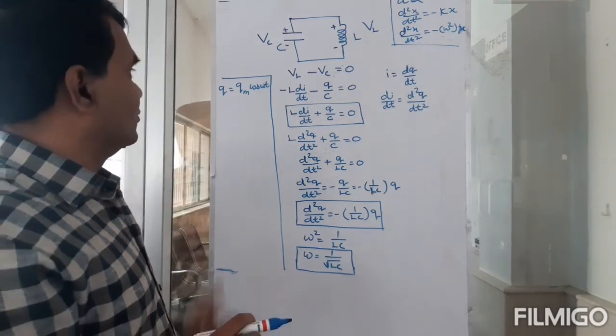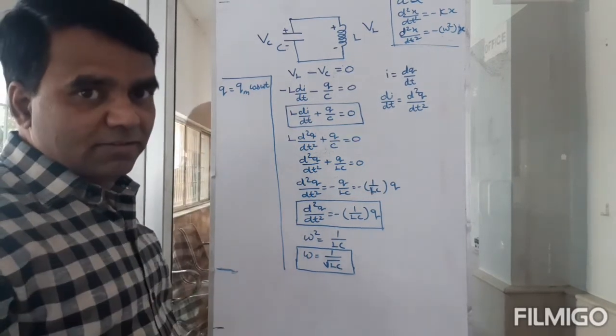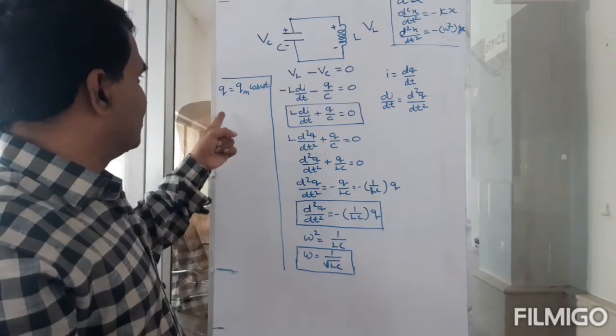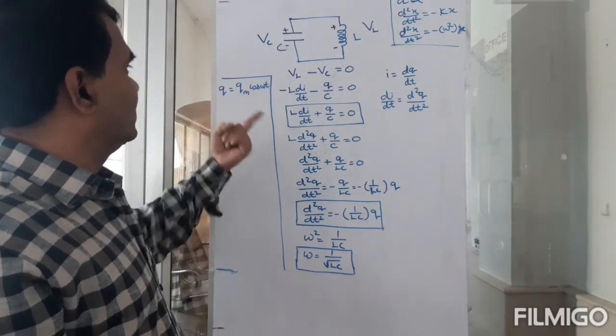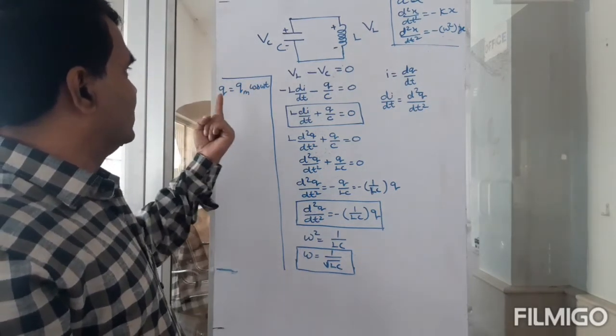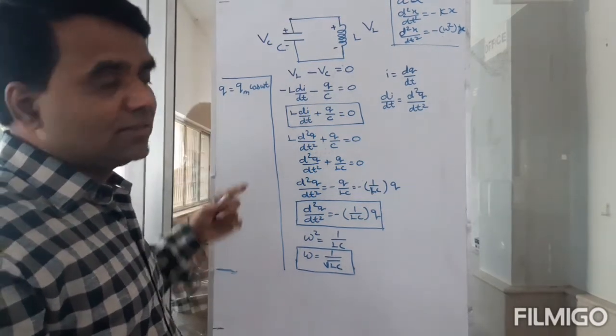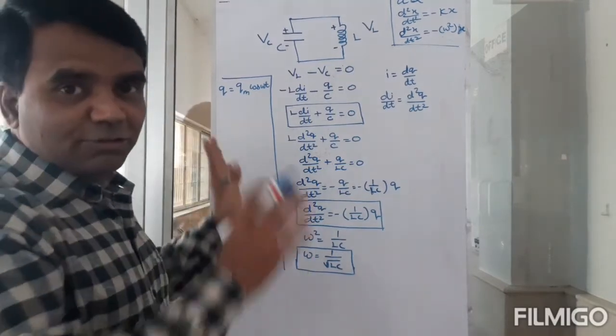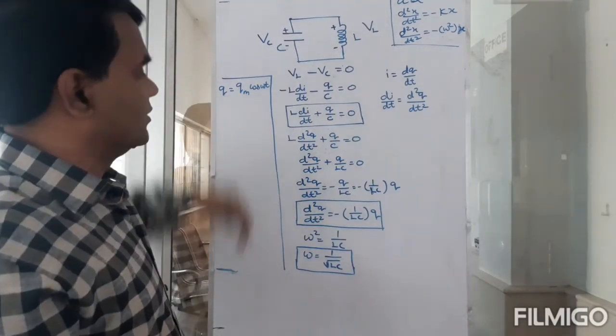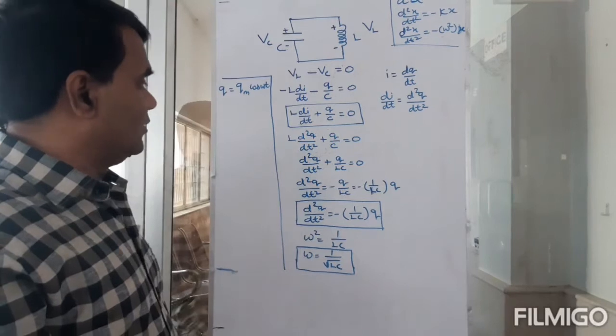Okay, so I can find the current. Current would be dq by dt, which is equal to minus omega Qm sin omega t. So there will be a maximum current, and you can do all that with this. So this is a solution for that.